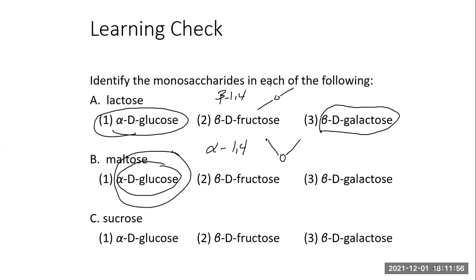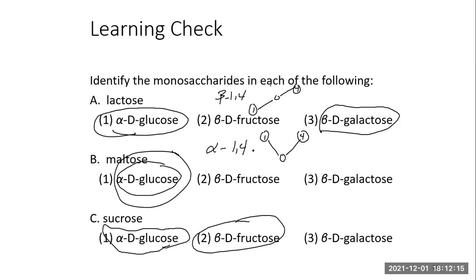Again, really between carbon number 1 of one glucose and carbon number 4. And obviously here, this is carbon 1 and carbon 4 in terms of the connection. Lastly, sucrose, which we were just looking at, is glucose and fructose. And this is the one that has the straight down connection. It looks like this.